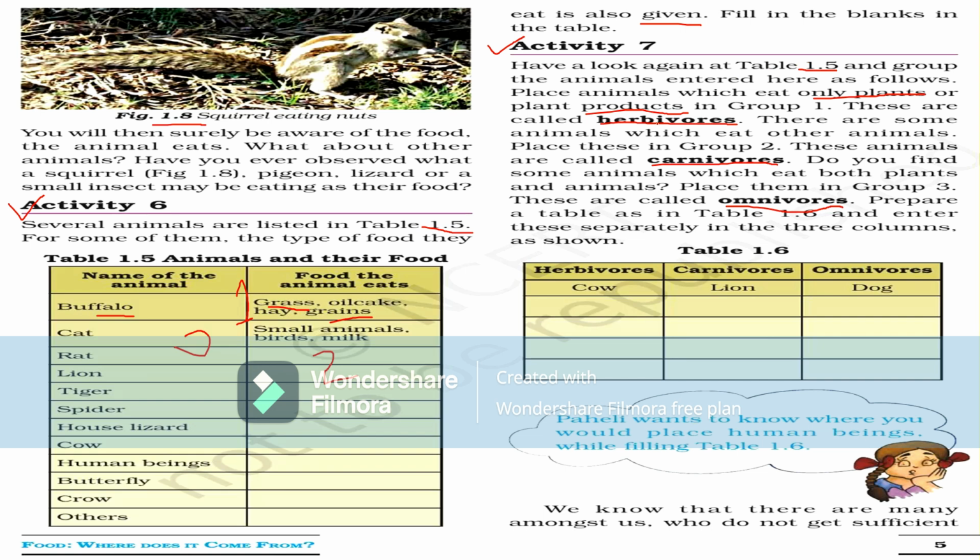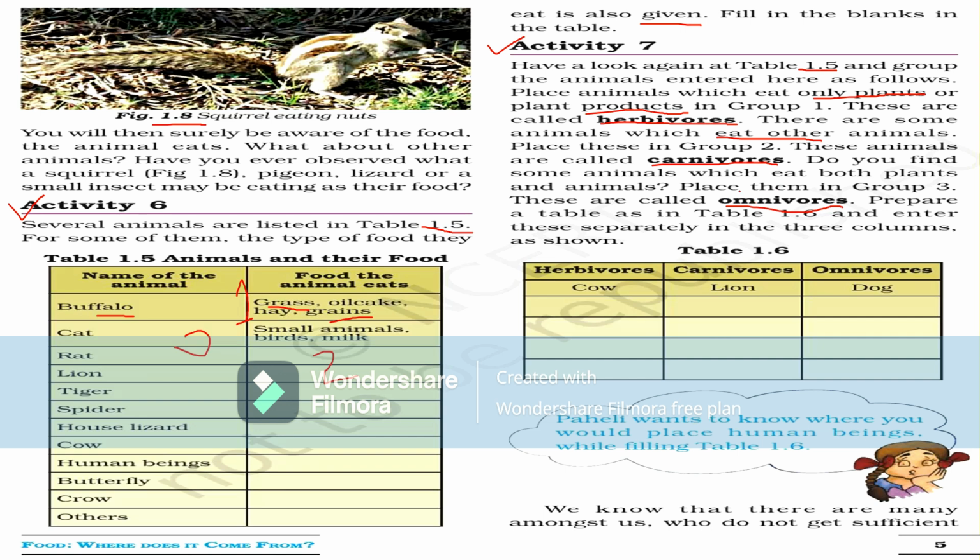Next, there are some animals which eat other animals. They won't eat plants, they eat only other animals. It is an animal and it is eating the other animal. They are called carnivorous. Next, what are omnivorous animals?